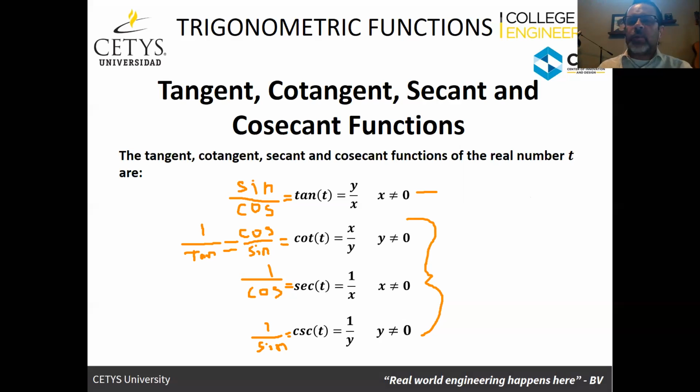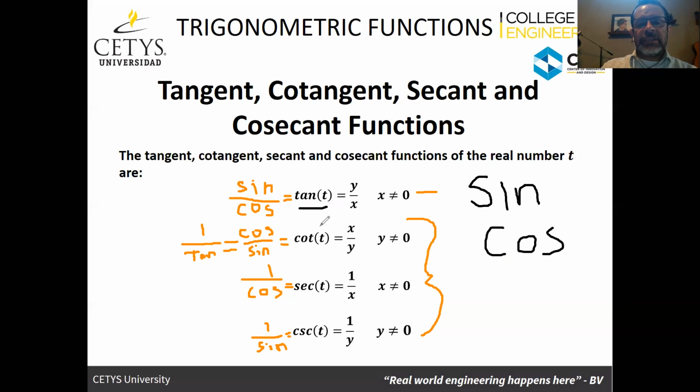And so basically we have 6 basic trigonometric functions: sine, cosine, tangent, cotangent, secant, and cosecant. And those are going to be the 6 trigonometric functions that we're going to be working with.